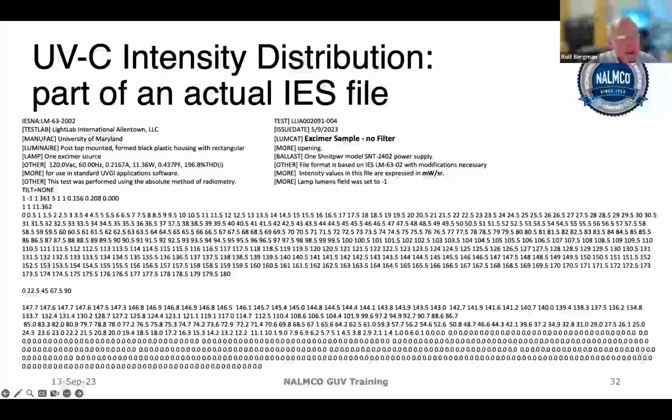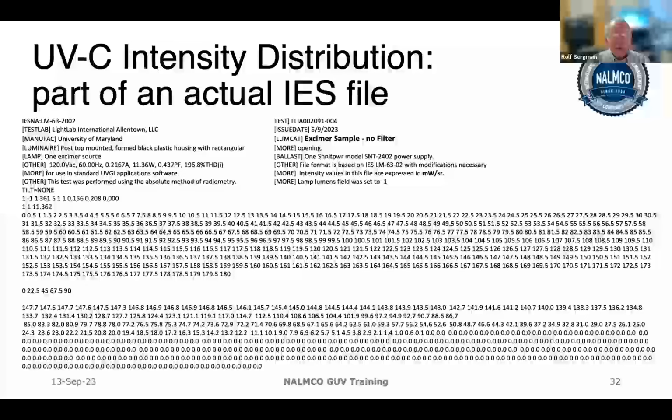LM63 is the document that describes how IES files are generated, who the test lab is, who the person who wanted it is or is paying for it, and so forth and so on.